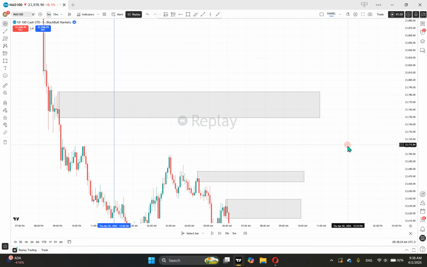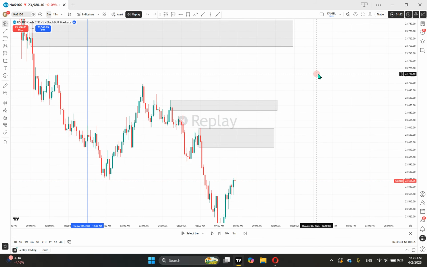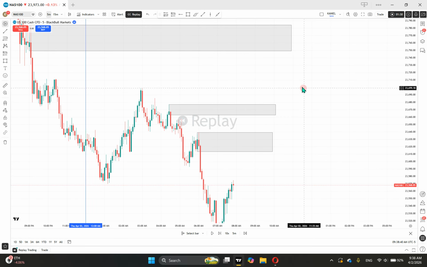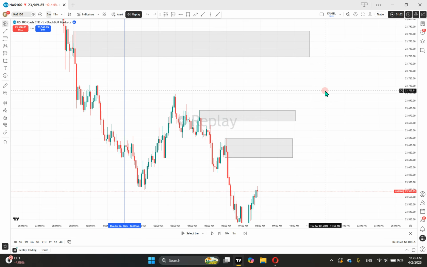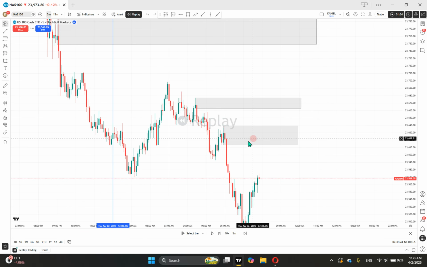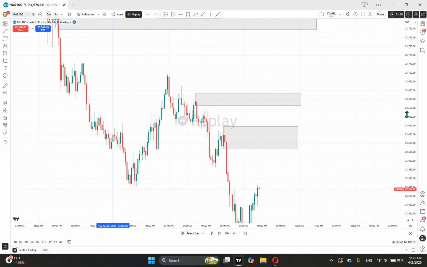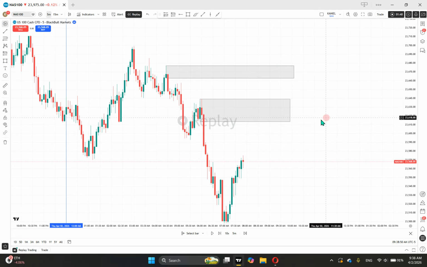So you know that we need a fair value gap attached to the zone, break of structure, before we can actually say that this supply or demand zone is valid. So you have the gap attached to this supply zone.